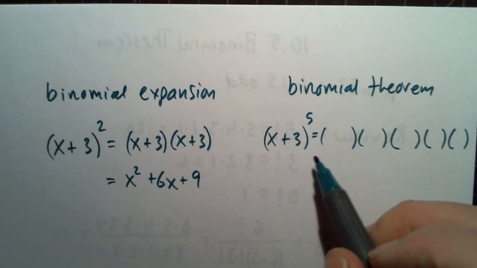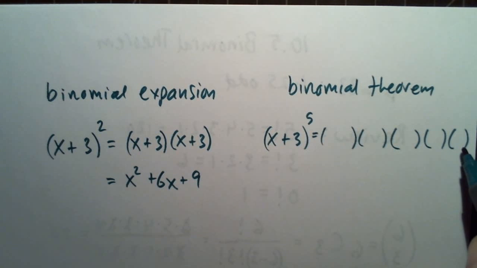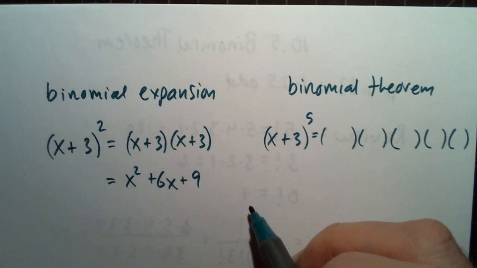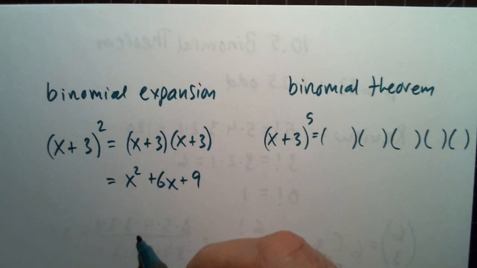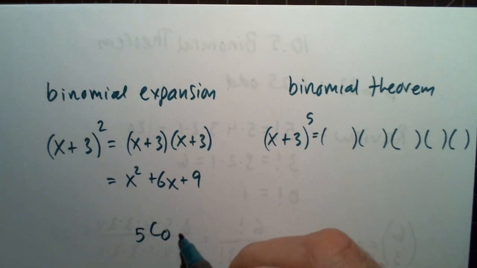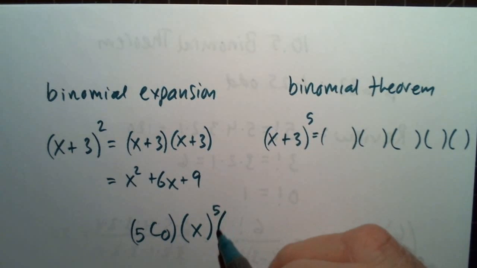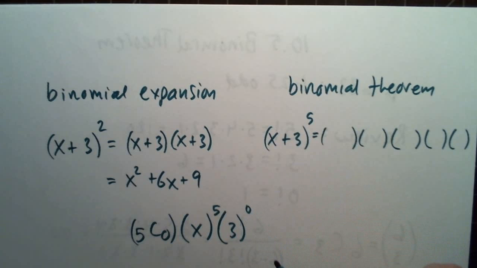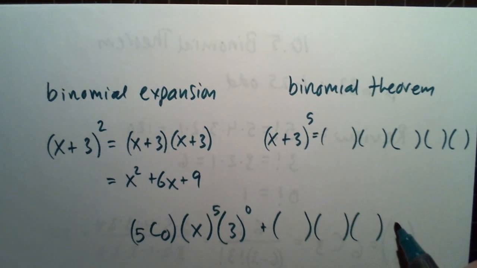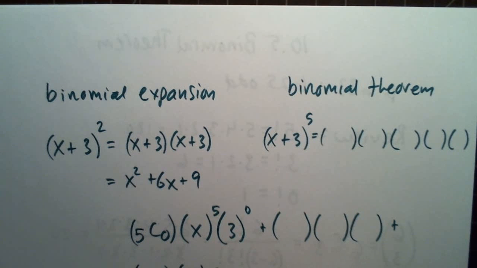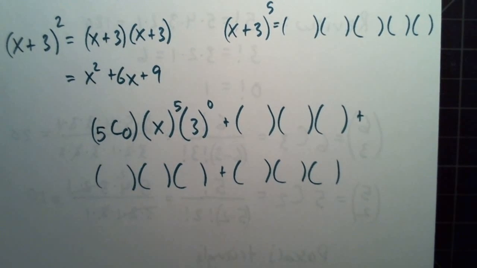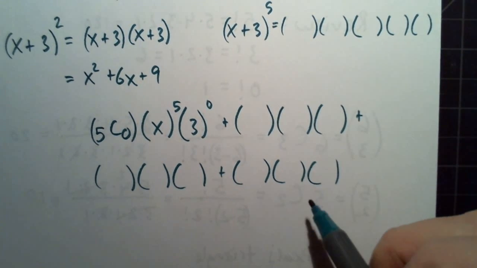And that would give us, instead of multiplying like this with distribution, 5 choose 0, and then we'll have x to the 5th, 3 to the 0. And we're going to have 6 terms.